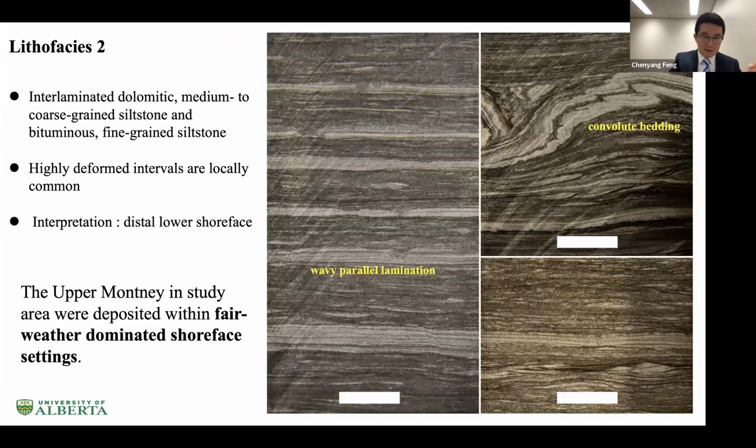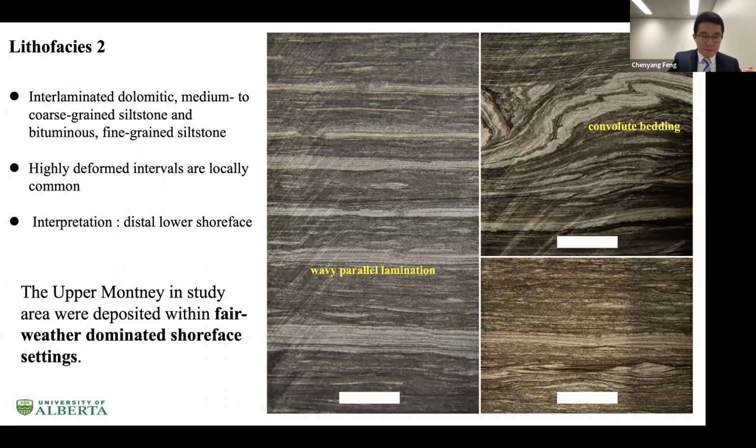Compared to lithofacies 1, lithofacies 2 is characterized by much weaker bioturbation, and the amount and thickness of the tempestites become much lower. So it is interpreted that lithofacies 2 represents deposition within the distal lower shoreface.